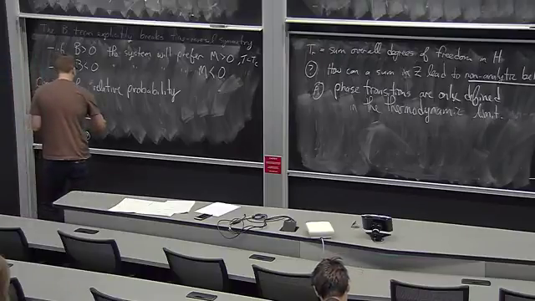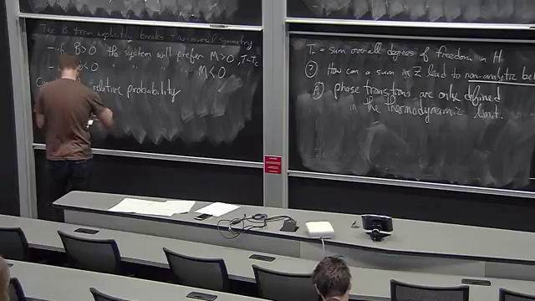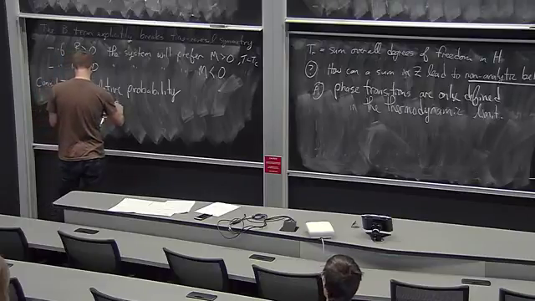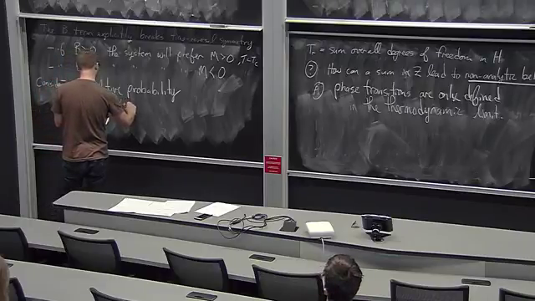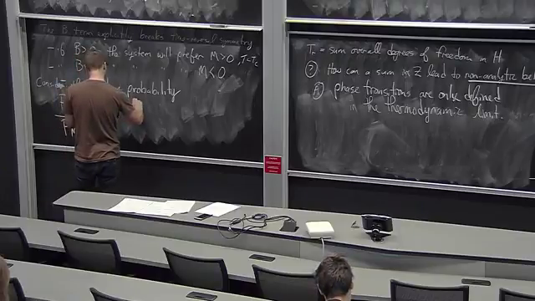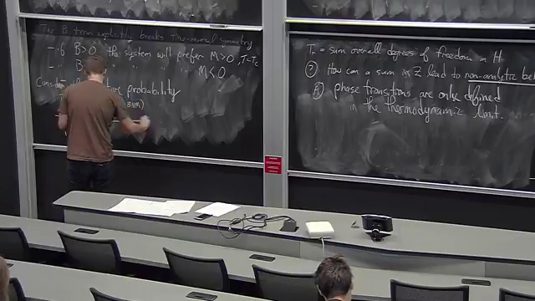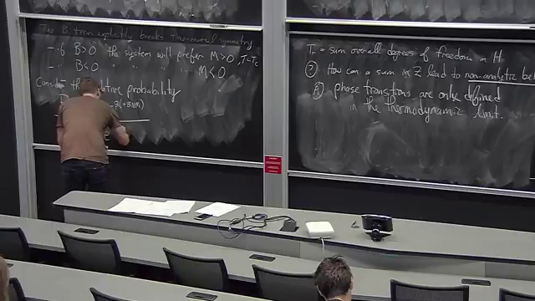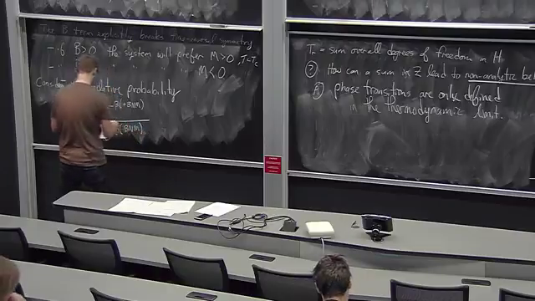So if I write the Boltzmann probabilities, that'll cancel on top and bottom, and all that I'll be left with is plus and minus B and M.